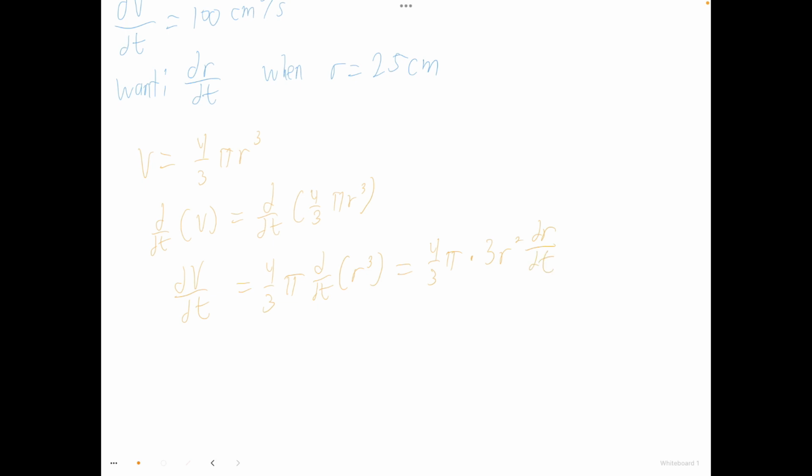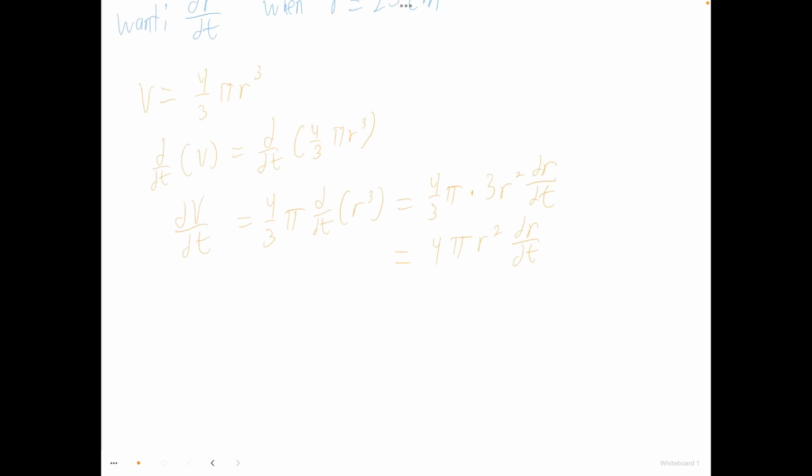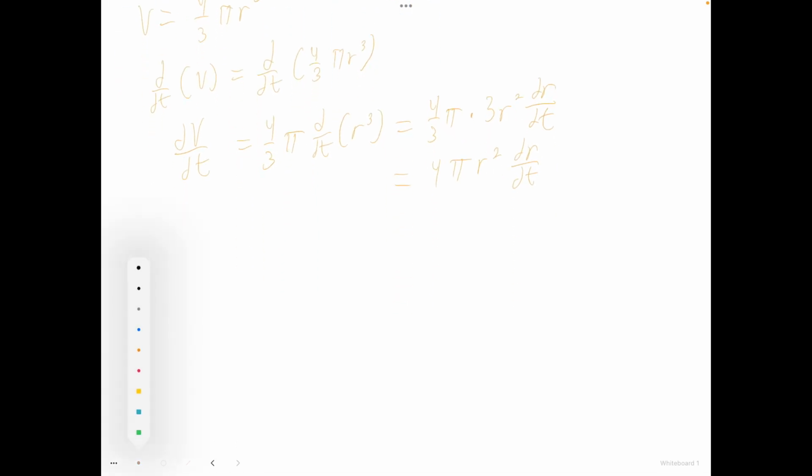Because we have to use the chain rule, the derivative of r cubed gives us 3r squared, but then we have to multiply by the derivative of r, which is dr over dt. And so this then becomes 4 pi r squared dr over dt. And so we've got our relationship now between dV over dt and dr over dt.